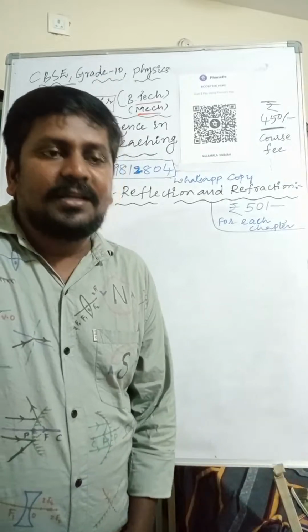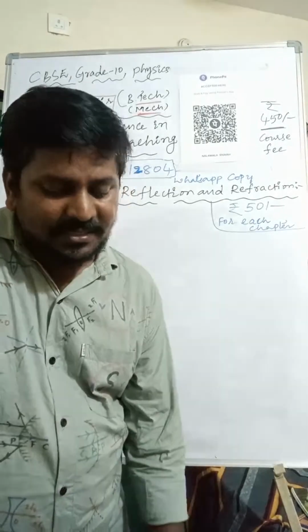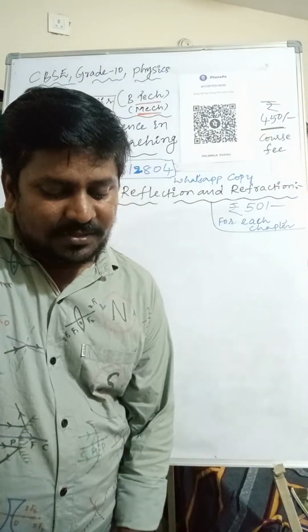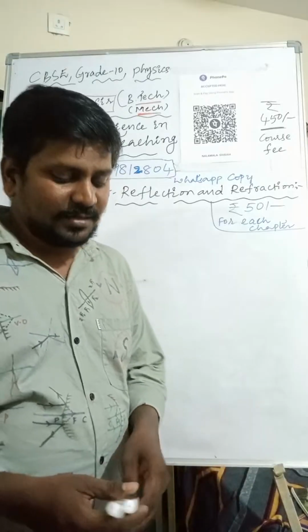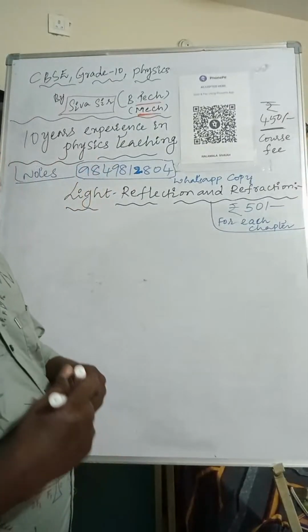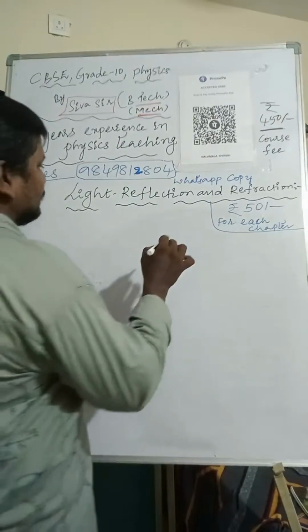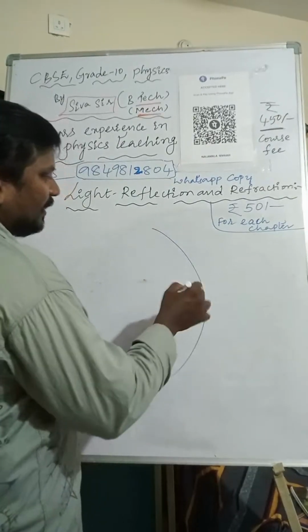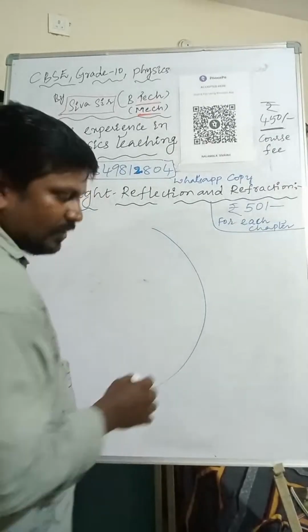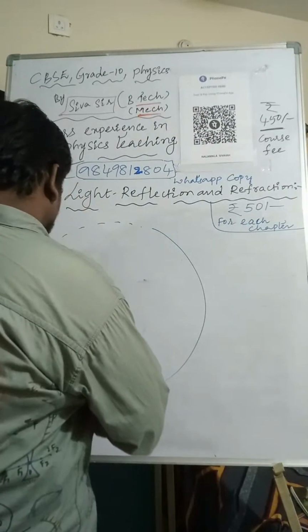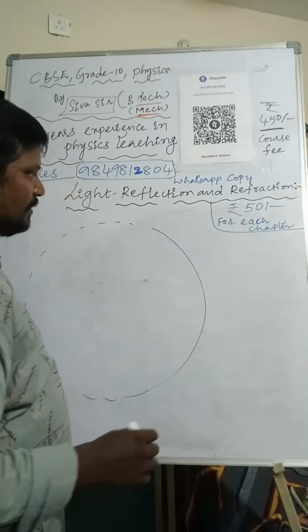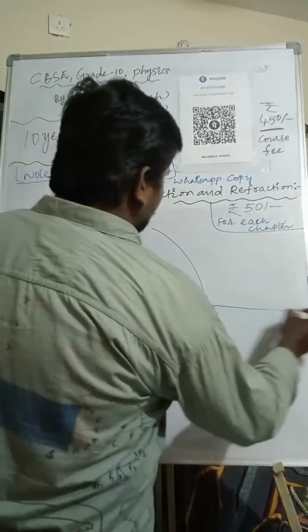Next we will go with the terms related to spherical mirrors. I have taken the concave mirror like this; it is a part of this sphere. Here is the principal axis.